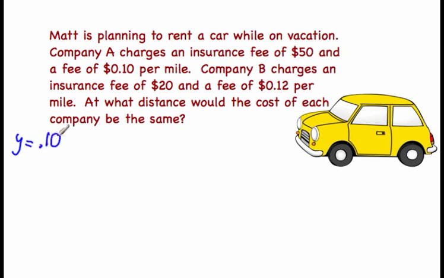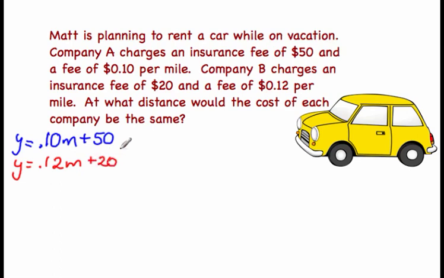I'm going to use m for miles, plus $50. We only have to pay that $50 insurance fee once. Now company B is going to be charging us $20 and a rate of 12 cents per mile. So the equations are set up identically.